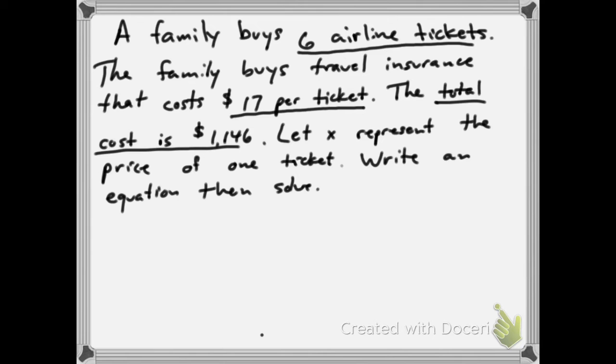So the first thing we need to know is how many people. The ticket price. The insurance. And the total.